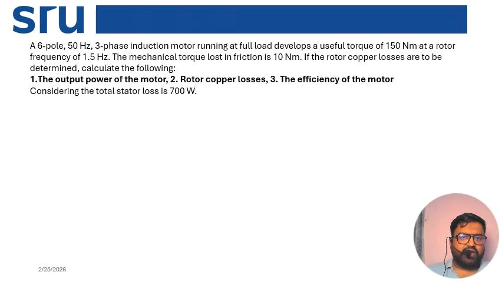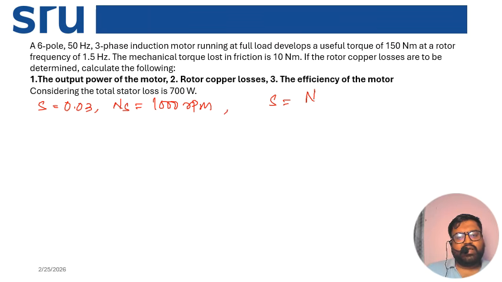Now we have calculated two factors. Slip is equal to 0.03 and Ns is equal to 1000 RPM. What is the formula? We know that slip equals (Ns minus Nr) divided by Ns.